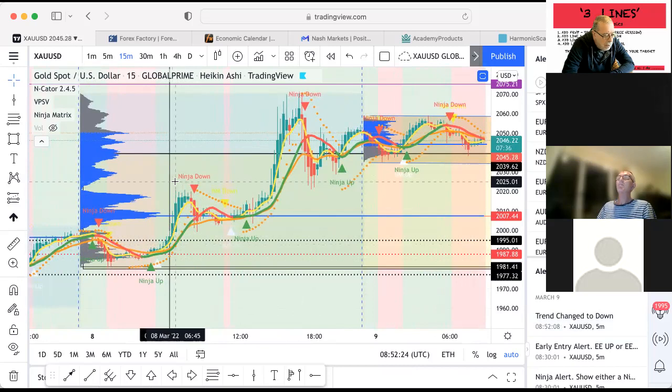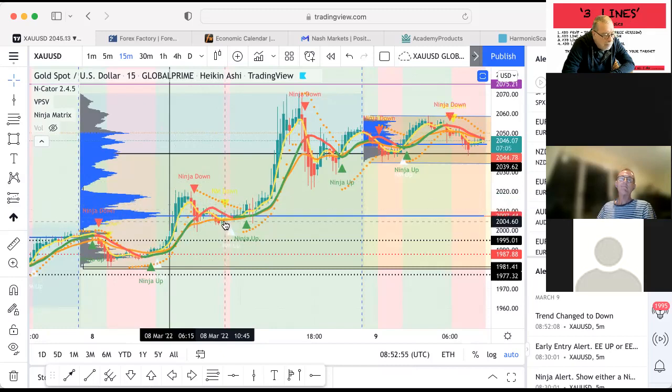Now, my next trade that I got in, because the Ninja Matrix was still green, I wouldn't have got in this down. I had a Ninjacator down, but I'm still with a green background. So I would, just following my own rules, I wouldn't get into that trade. I would stay out. The next time I would look at a trade would be possibly here, where there's a Ninja Matrix down.